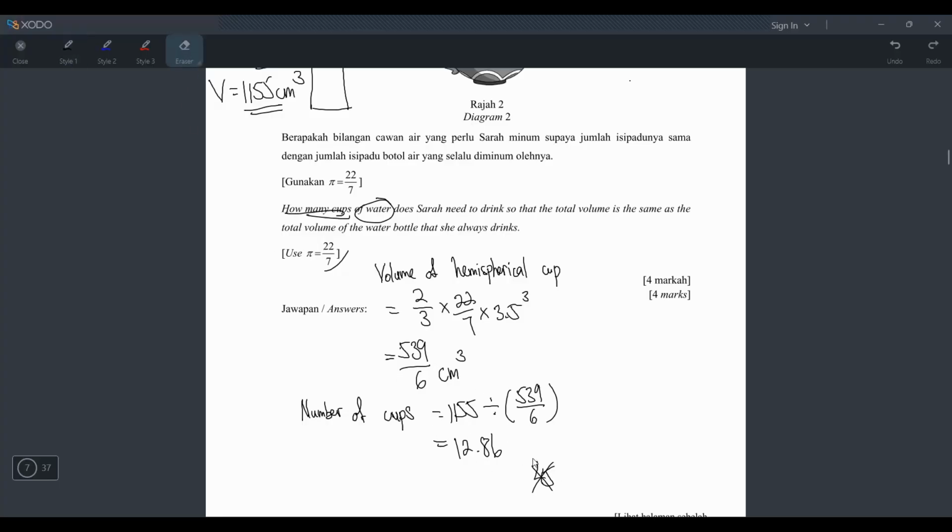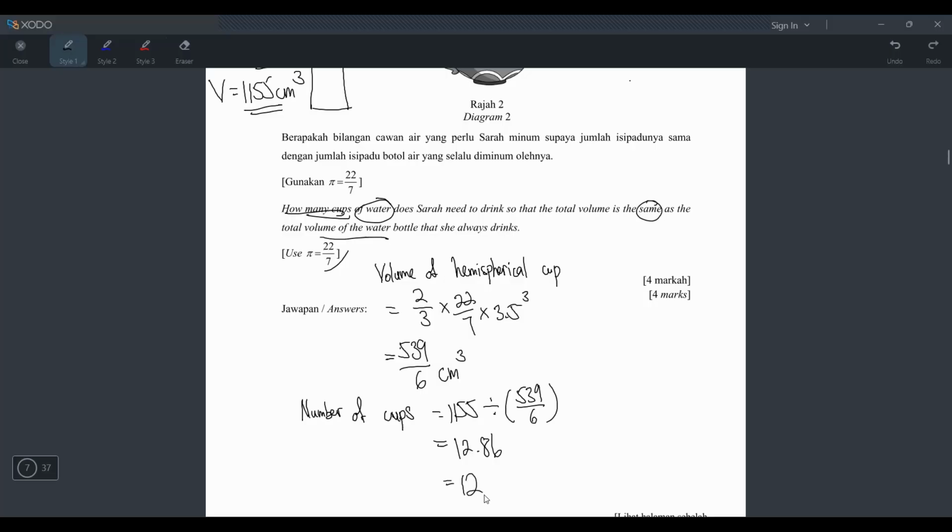So I think there's some problem with this question, because the number of cups I think should be a whole number. It shouldn't have a decimal or fraction. But I think this question has a problem a bit already. If you look at the question, it says how many cups does Sarah need to drink so the total volume is the same as the volume of the water bottle.